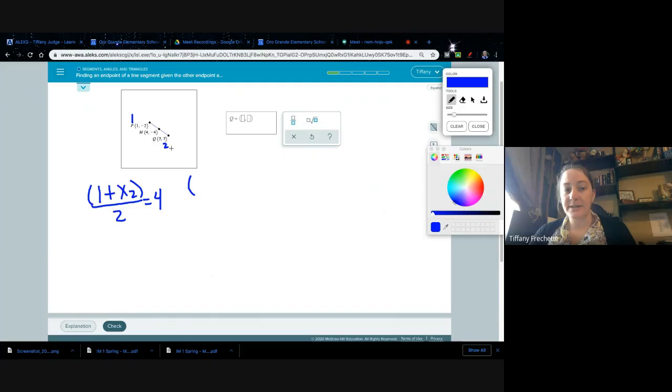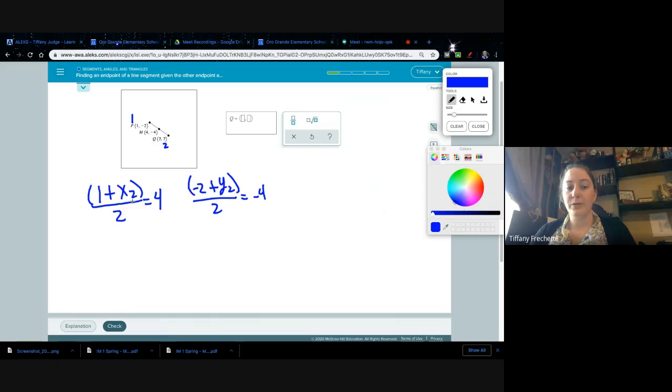And then you can also do the same thing for y. So you have -2 plus, we don't know. Oops. Help if I wrote a y there, not an x. y2 divided by 2, and that's going to equal the y portion of the coordinate here, like that.